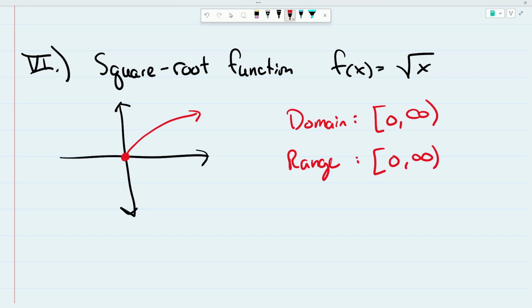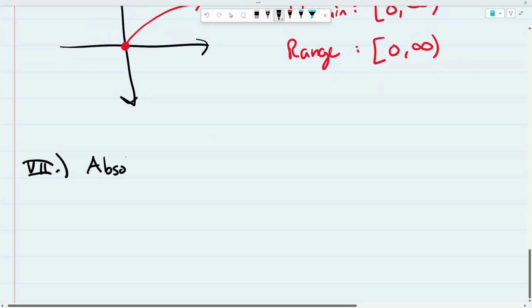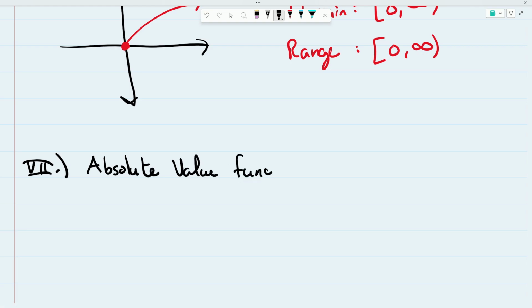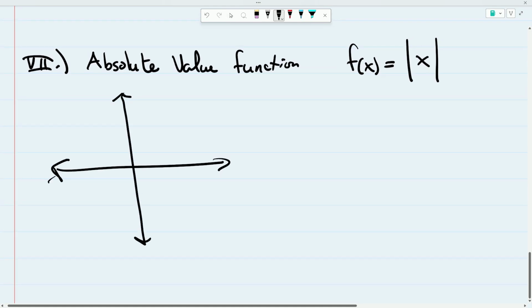Finally, number 7, we have the absolute value function. That's going to be f of x equals the absolute value of x. And this kind of looks like a parabola, except it's very specific.